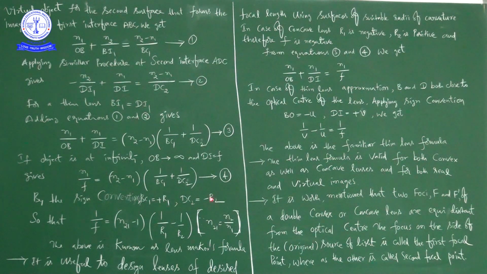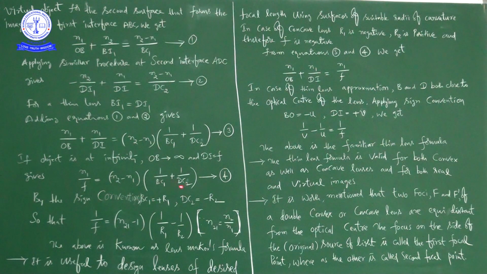Now we are going to apply the Cartesian sign convention: BC1 is equal to plus R1 and DC2 is equal to minus R2. After that, we also divide the whole equation by n1, just mathematically. The sign convention is what we follow to assign a sign, whether plus or minus, because of having left side and right side.